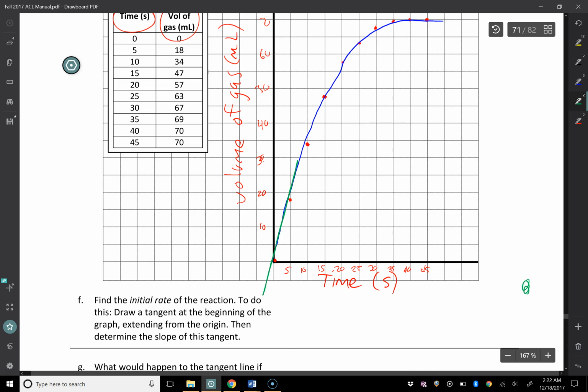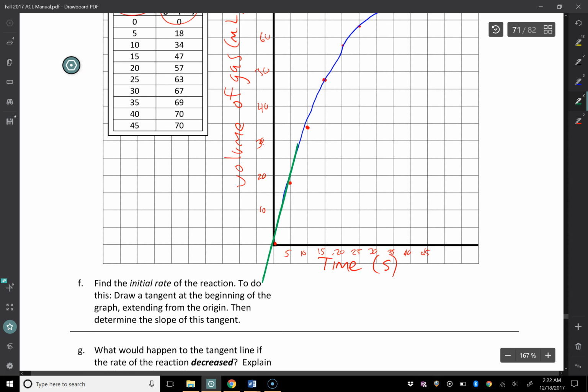Make sure it's drawing. There we go. And I'm going to extend it through the first point. This is probably going to be a little bit easier for you to do on your spreadsheet plotted data, as that line's going to be a whole lot better drawn than the one that you just sketched by hand.